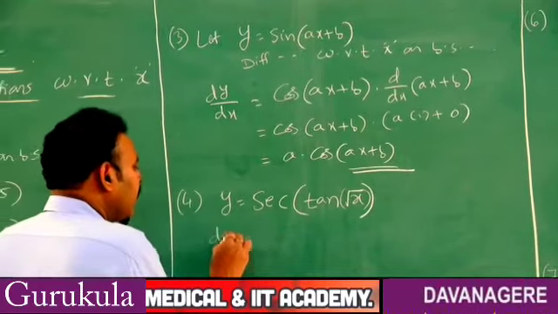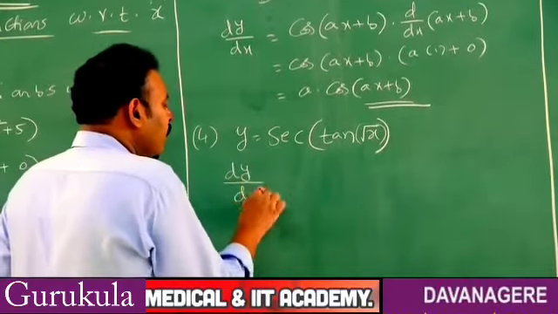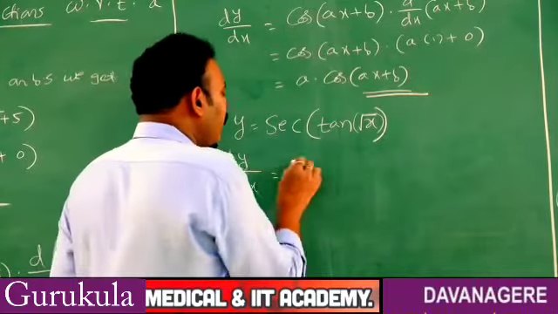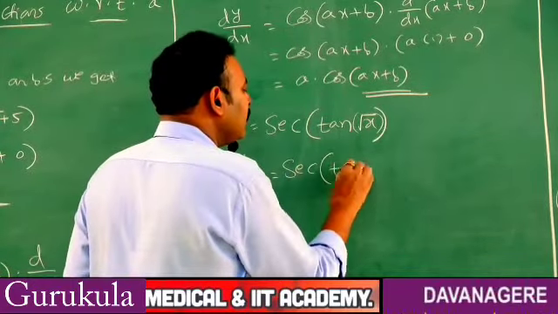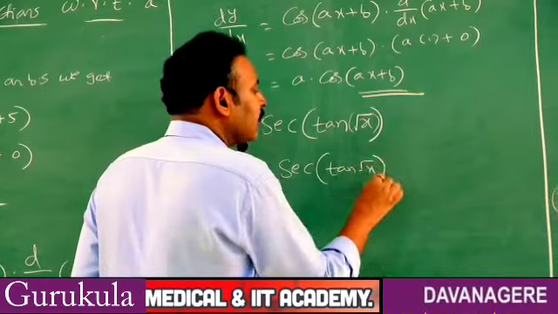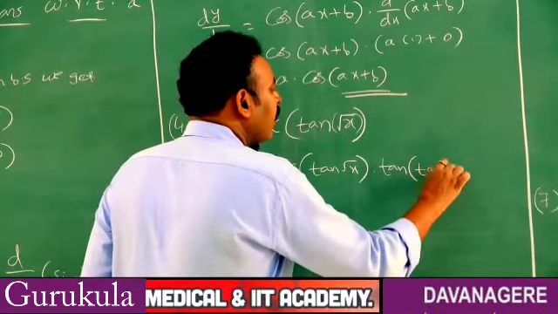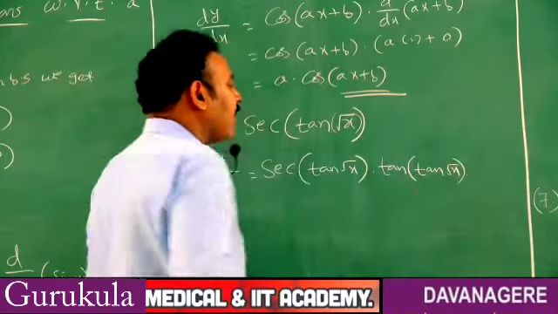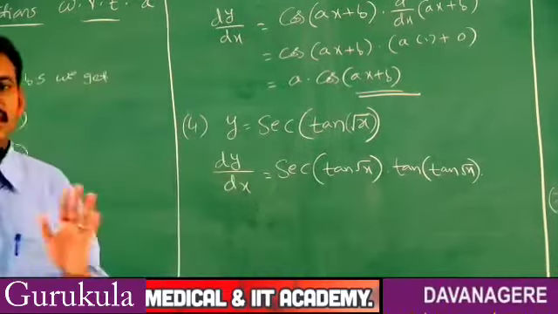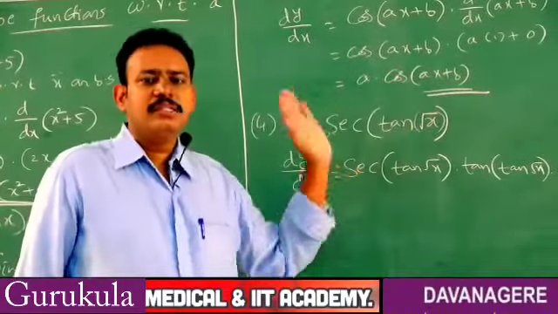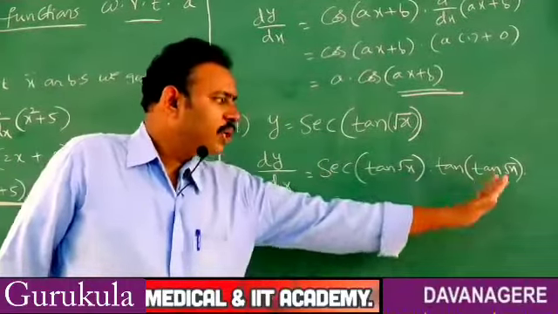Here again we can write dy by dx is equal to secant x. Derivative of secant x is secant x into tan x. So secant of (tan root x), tan of (tan root x). The formula for the derivative of secant x is secant x into tan x.